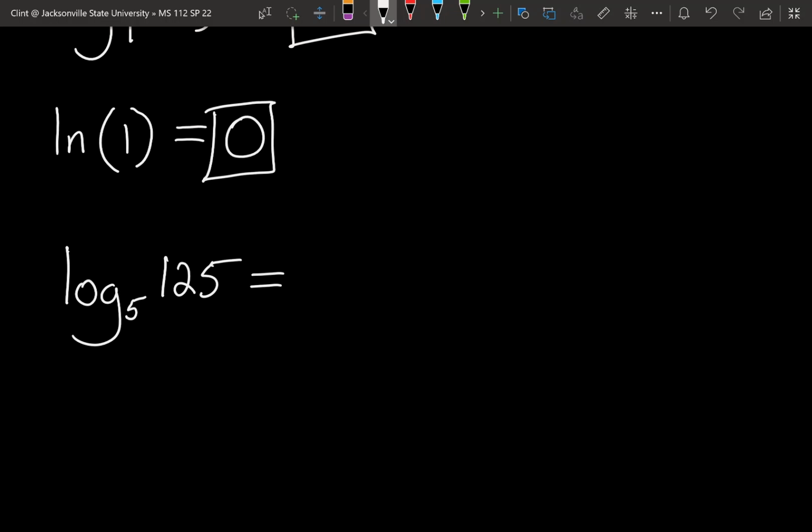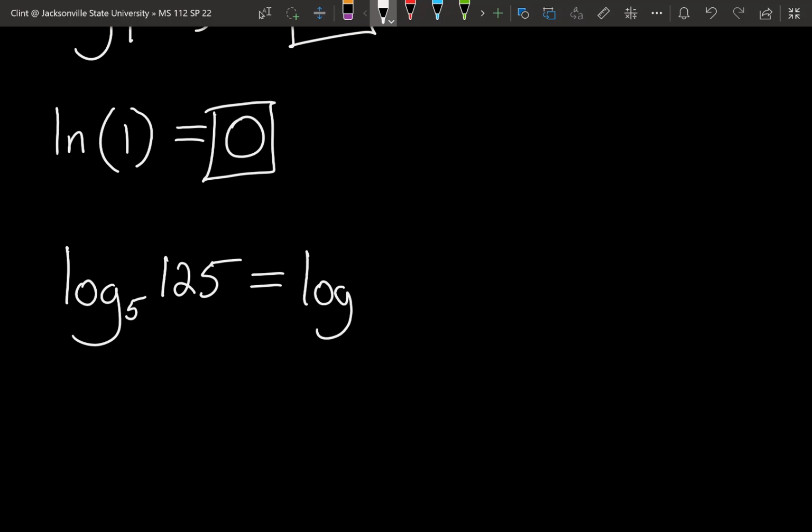One way of thinking about it is that we're saying 5 to what power gives us 125. Might be able to figure it out that way. Something to look for is that if we can get the base of whatever's inside the logarithm, the base of the argument, to match the base of the logarithm, then they'll cancel out. So a couple of ways of thinking about this one, but 125 is 5 to the 3rd power, right? 5 times 5 times 5.